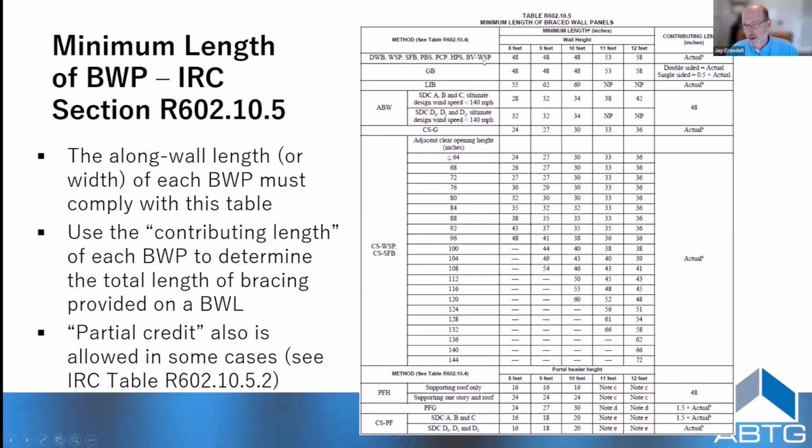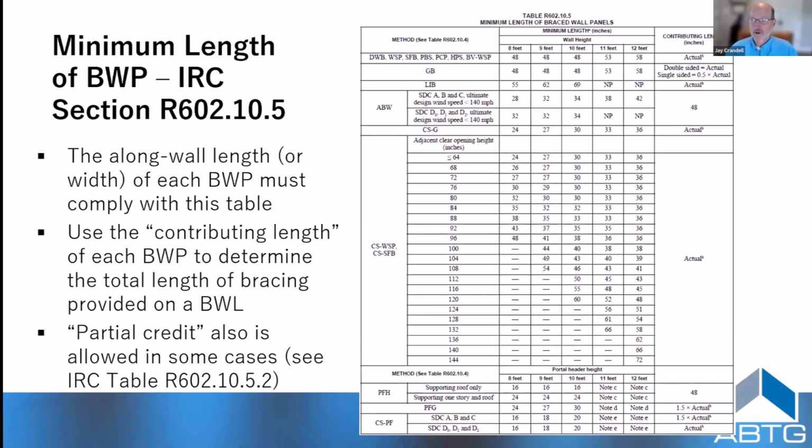Your brick veneer bracing method, which needs to be used in higher seismic areas if you have brick veneer, and it's a heftier wood structural panel fastening and anchoring that needs to be done. But if you're using any one of those, each bracing segment that you're going to count toward that required bracing amount you calculated has to meet these minimum lengths along the wall, or width of wall segment, to be counted. If it doesn't, unfortunately, you can't count it.